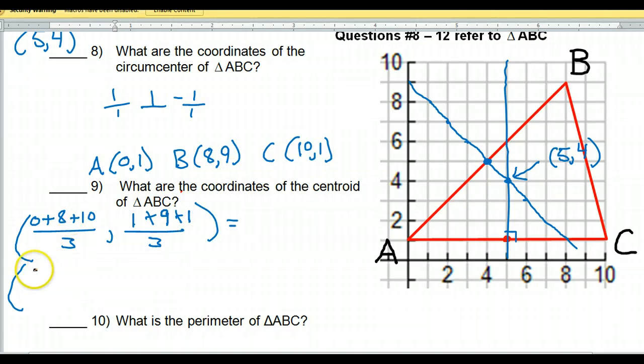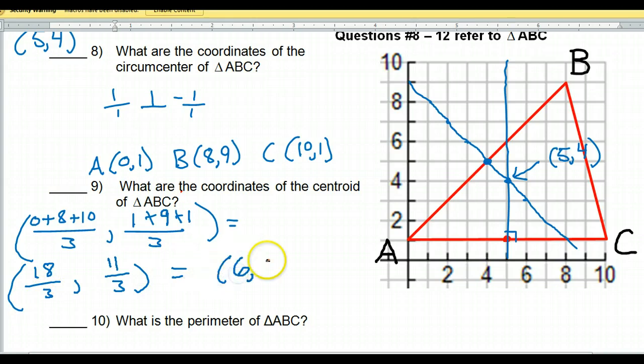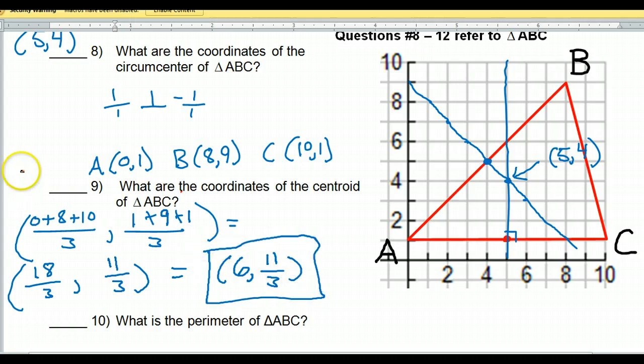So this is going to give me 18 over 3, and this is going to give me 11 over 3. Reduce this and you get 6 comma 11 over 3. So that's the centroid.